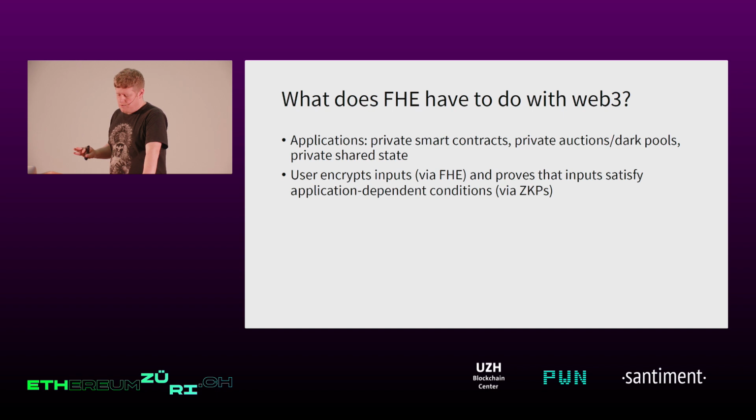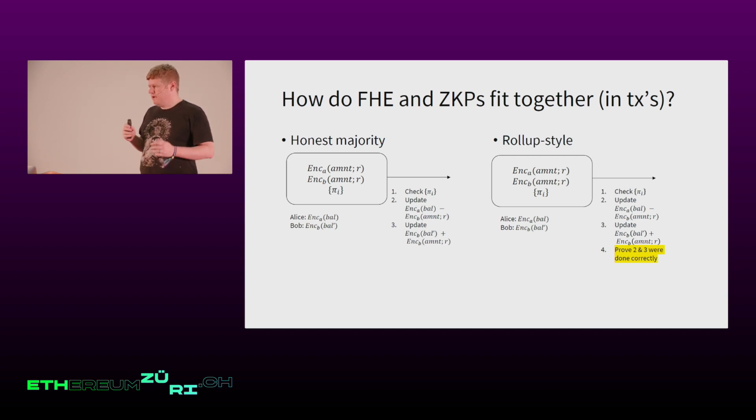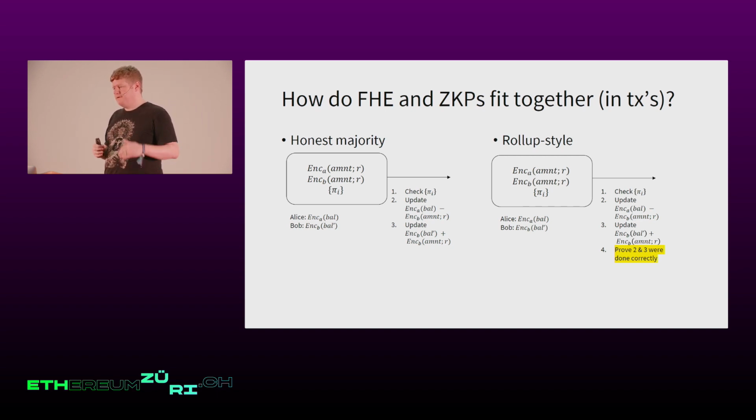However, when combined with zero-knowledge proofs, you can create robust systems. So how do we combine FHE and zero-knowledge proofs in Web3? There are two different models that you theoretically could use. You can use honest majority, whereby every validator is running the FHE computation and validating proofs coming from users to show that the ciphertexts they're getting are well-formed and that the messages contained within them obey the properties of the system.